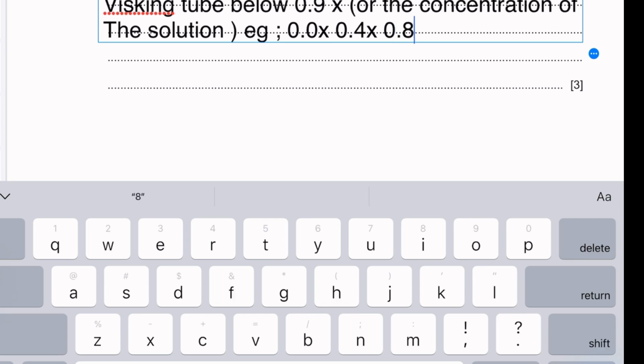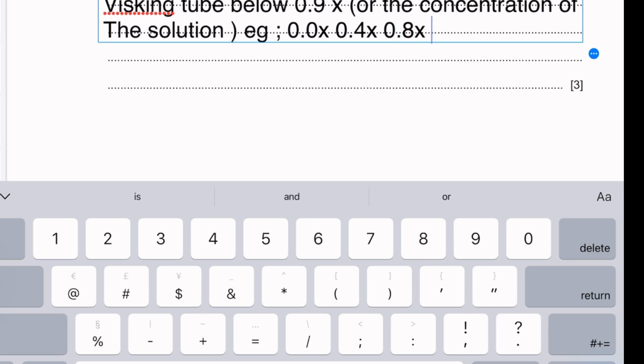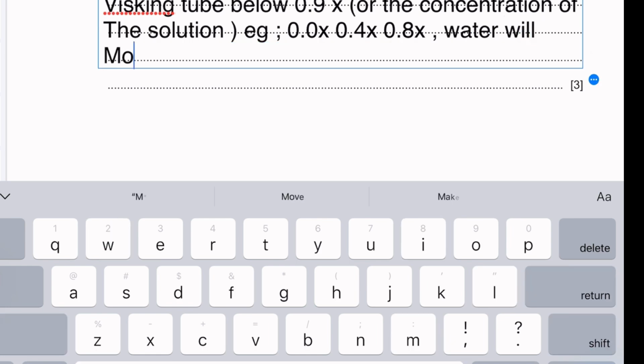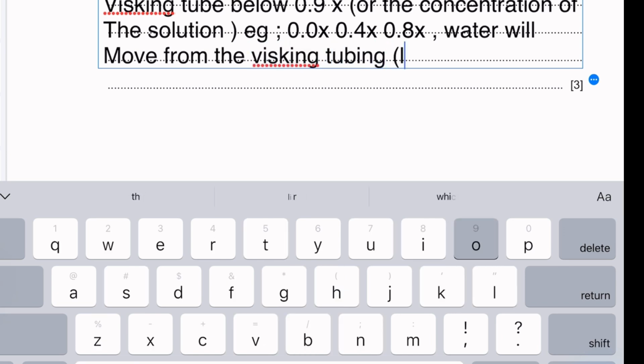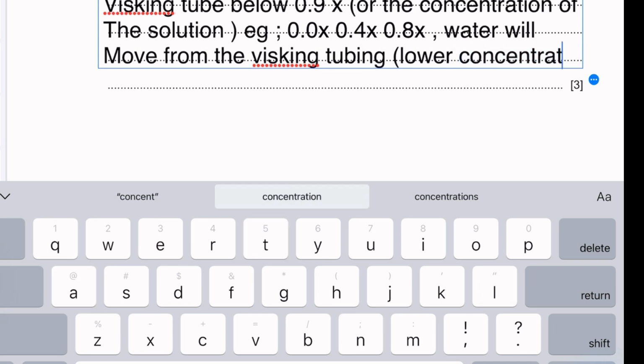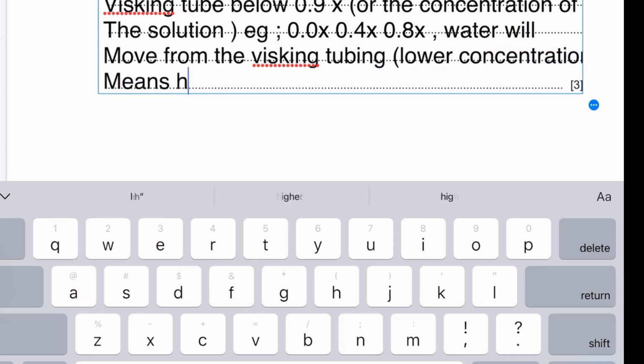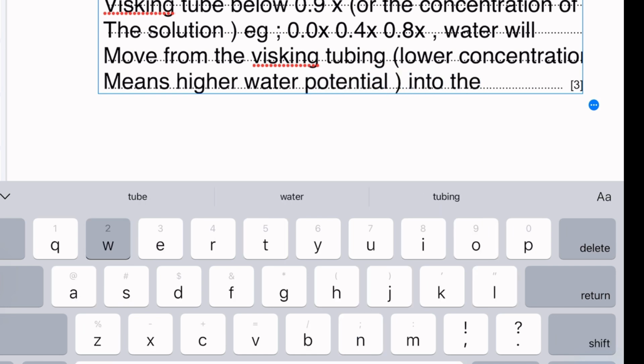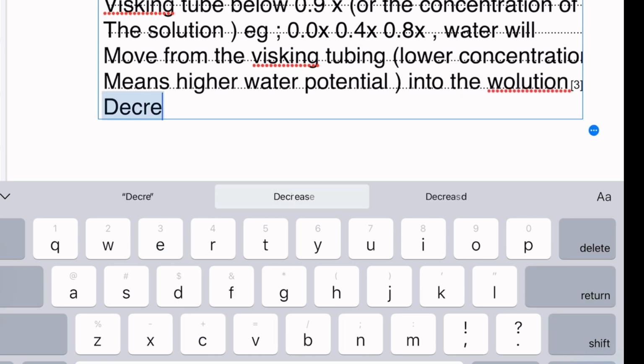Water will move from the whisking tubing, which has lower concentration, meaning higher water potential, into the solution, decreasing the water level.